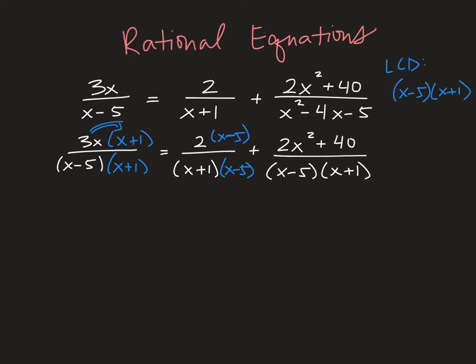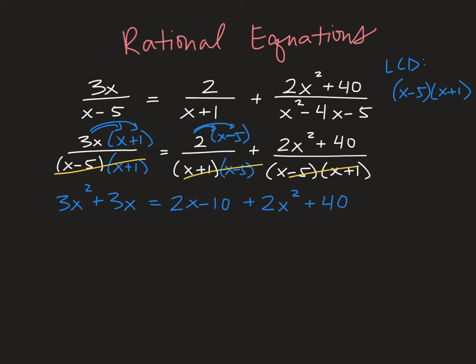Up here, we can rewrite this as 3x squared plus 3x equals, we'll then distribute the 2. So we'll have 2x minus 10 plus our last numerator, 2x squared plus 40. All the denominators are now the same, therefore we can eliminate those denominators.